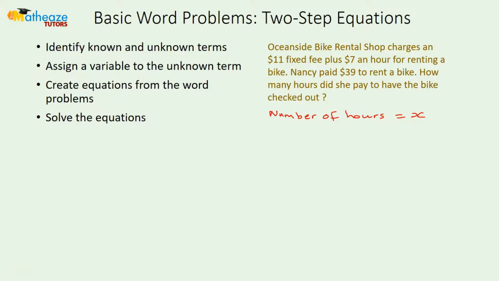Now there's an $11 fixed fee, so $11 plus $7 for every hour is equal to 39. So we're going to subtract 11. So 7x equal to 28. Now we divide by the coefficient of x. So x equal to 4.